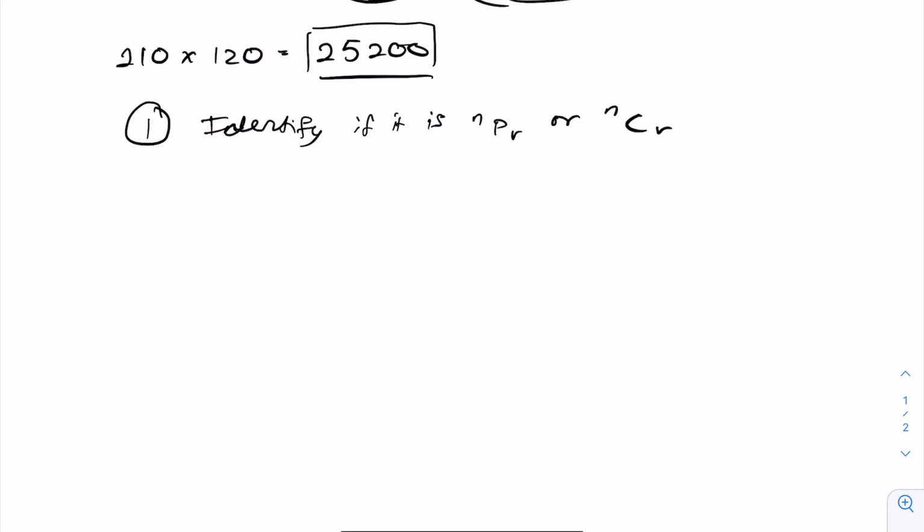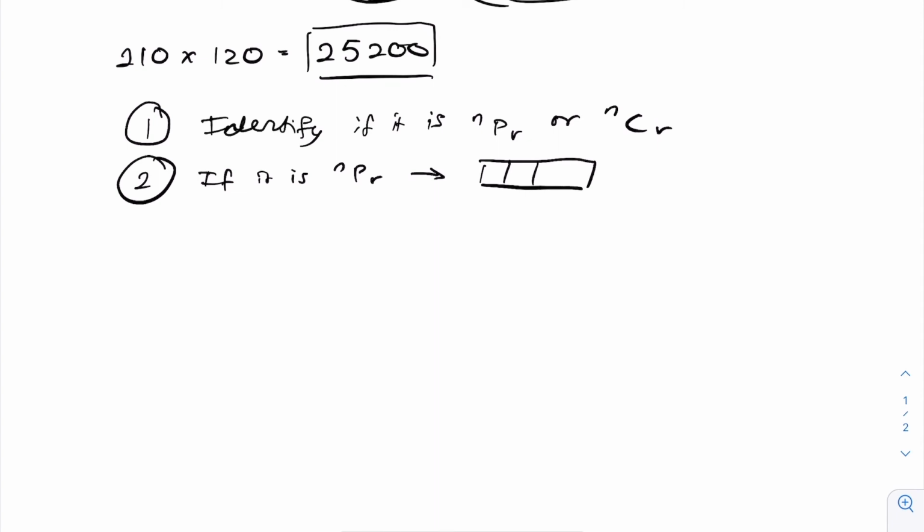Sorry about my bad handwriting. After that, step 2, if it is NPR, then draw the box diagram with the number of slots, because each value has to be arranged in a specific way for it to be a unique permutation.